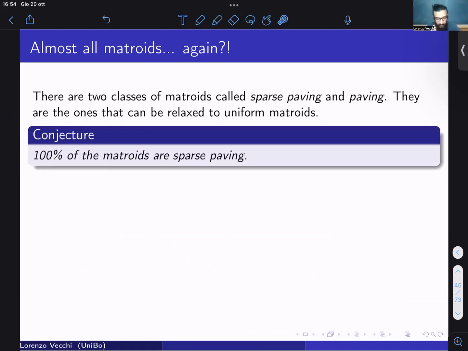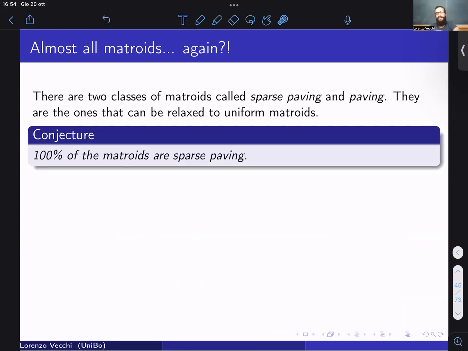Why do we care about sparse paving and paving matroids? Because we have a conjecture that tells us that 100% of the matroids are sparse paving. And by that we mean that asymptotically, as the ground set of the matroids grows to infinity, the chance of picking a matroid at random and it being sparse paving approaches 1.